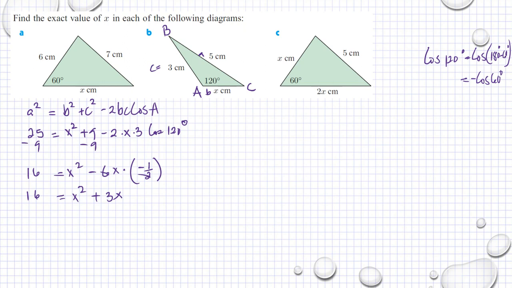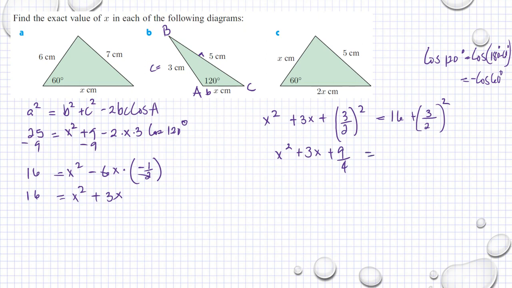No, I cannot factor it. Then I will use completing the squares again. Then I have x squared plus 3x plus 3/2 squared is equal to 16 plus 3/2 squared. So we have x squared plus 3x plus 9/4 is equal to 16 plus 9/4.